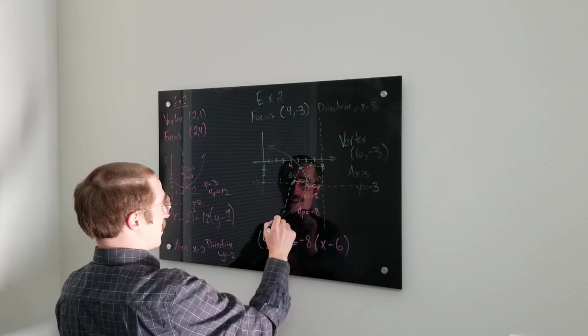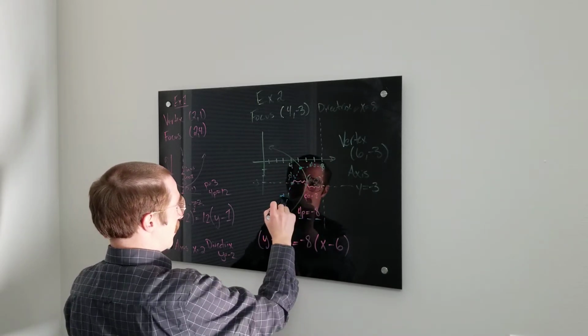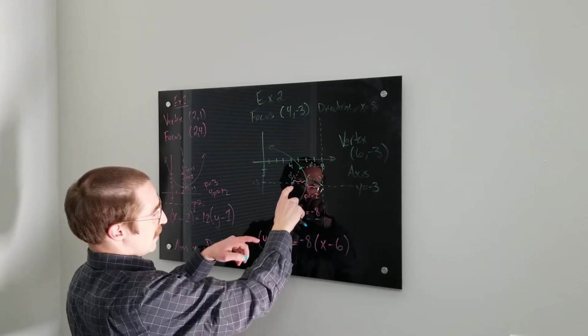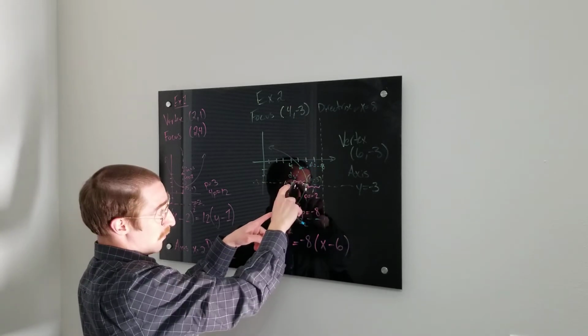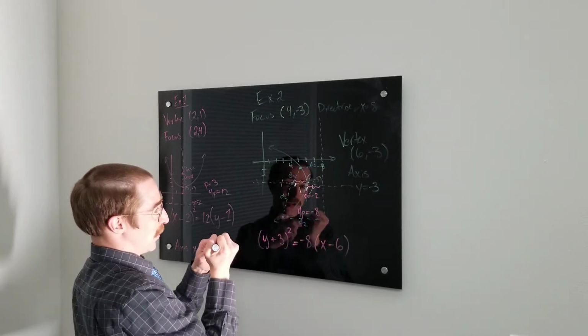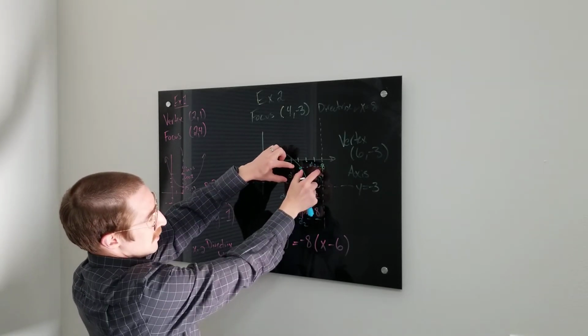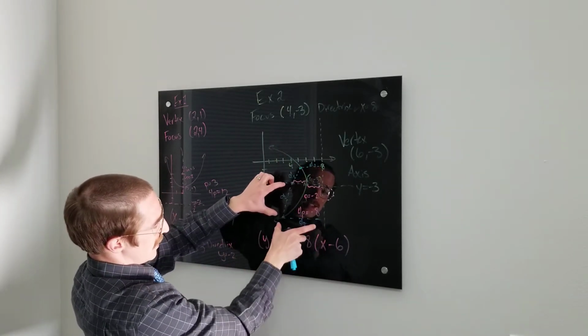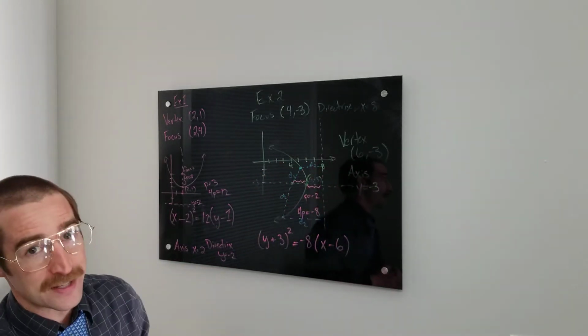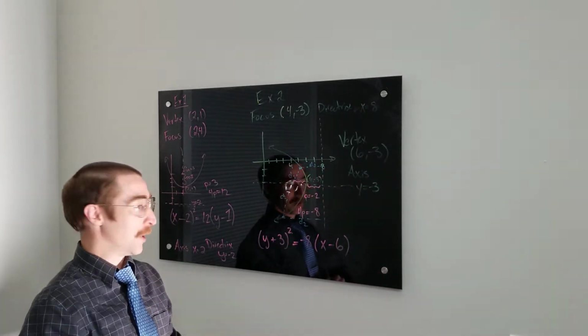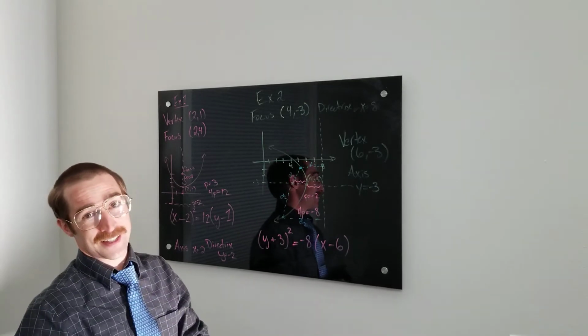So every single point is the same distance from the focus as it is from the directrix. These distances are obviously different, but this distance and this distance will be the same. This distance and that distance will be the same. All right, moving on to the next examples.